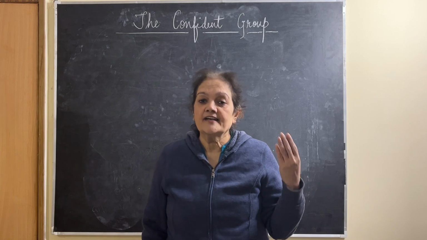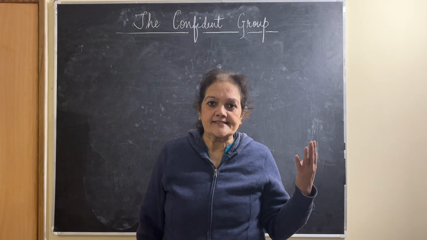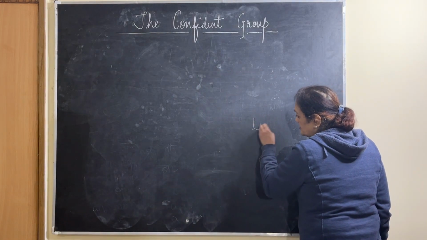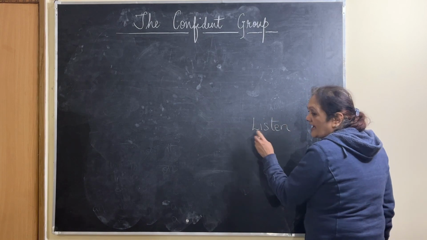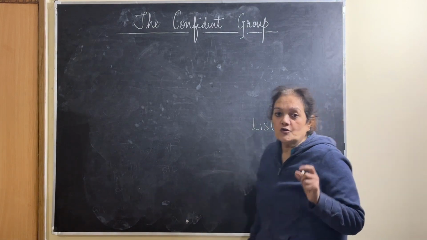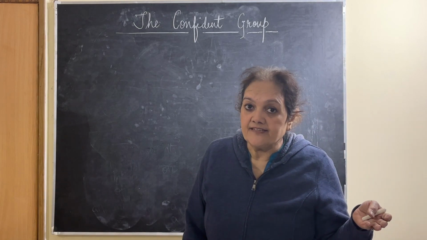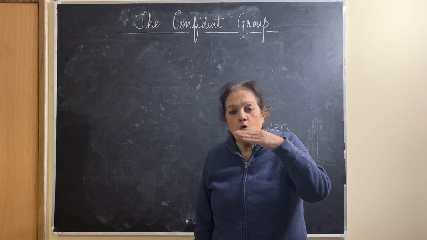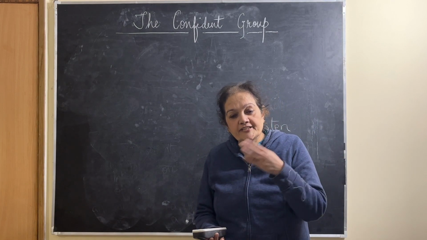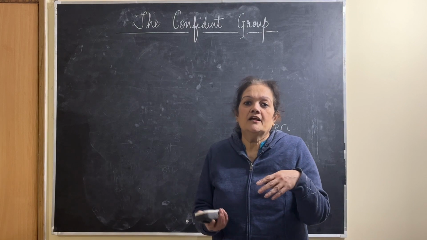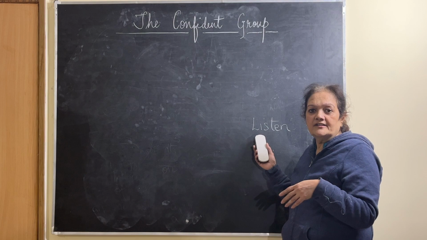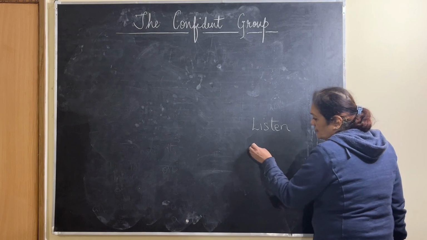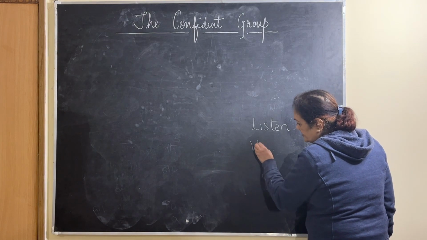Along with all these four, you have two more things to work on, and that is listening. If you listen to what other people are saying, you will first have to hear it and then go home and check in your dictionary or on Google what the meaning of the word you have heard is. Now, listening and watching.